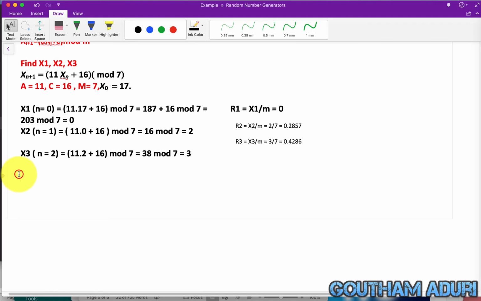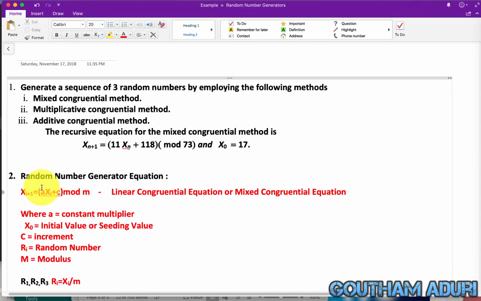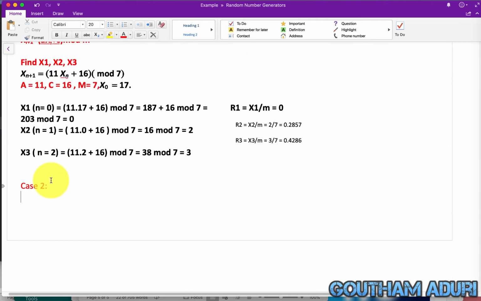Now I'll go to case 2, which is the multiplicative congruential method. The multiplicative congruential method is when C equals 0.